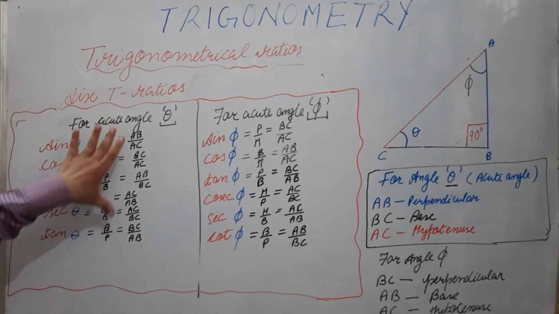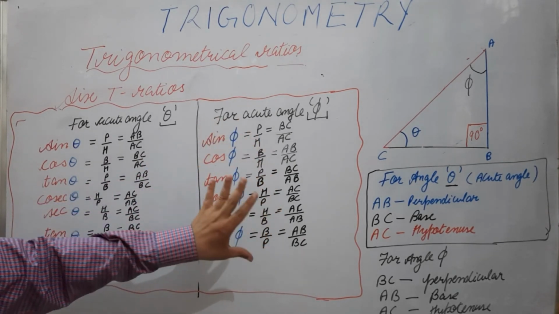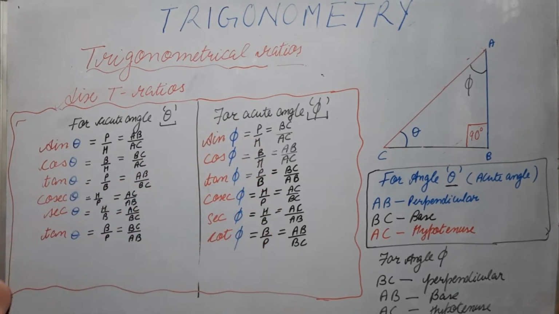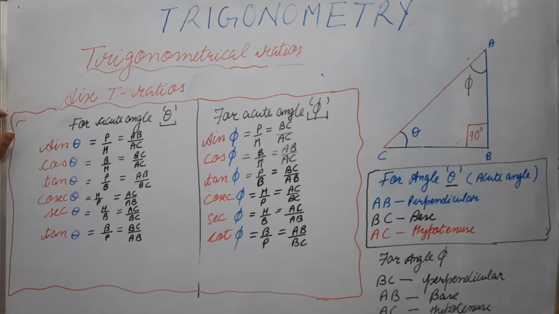See, these six ratios for this angle and for this angle are positive real numbers, and they have no units, right? So you use these trigonometric ratios in solving problems in which one side and one angle are given and you have to find the other sides and angles of a triangle.